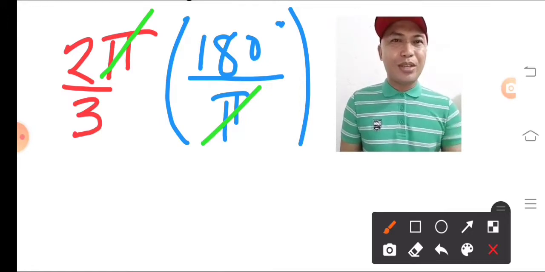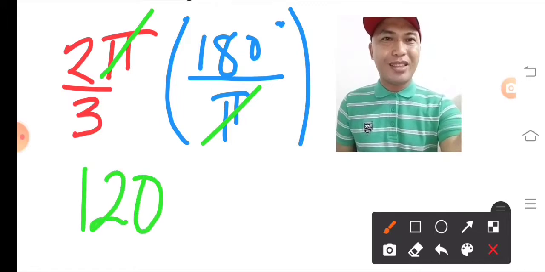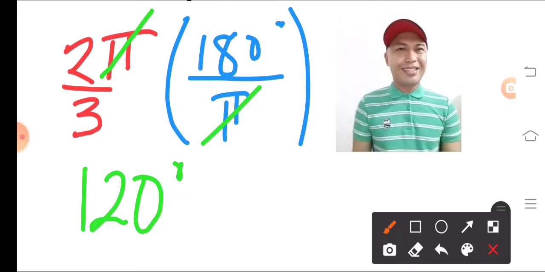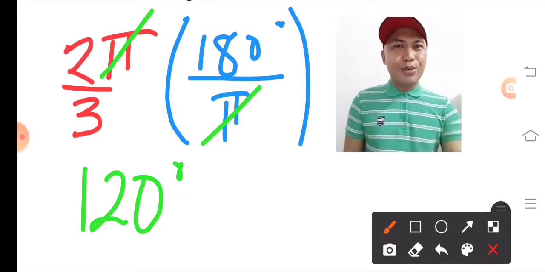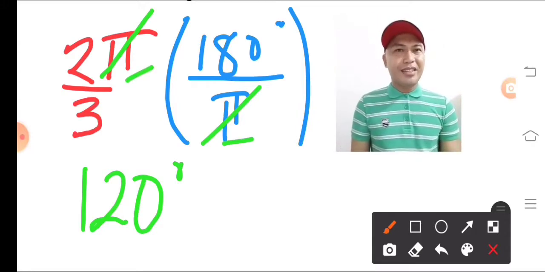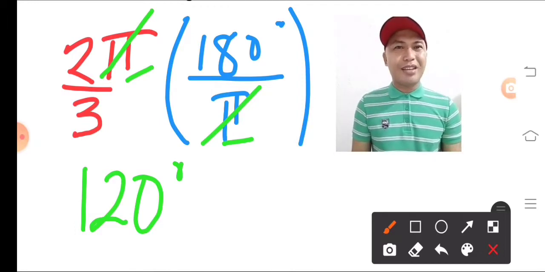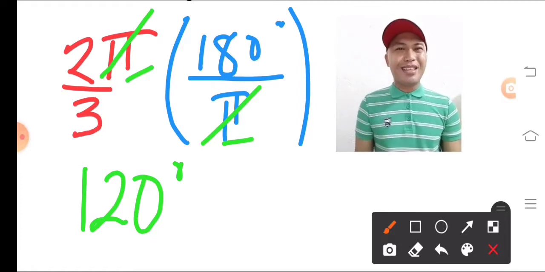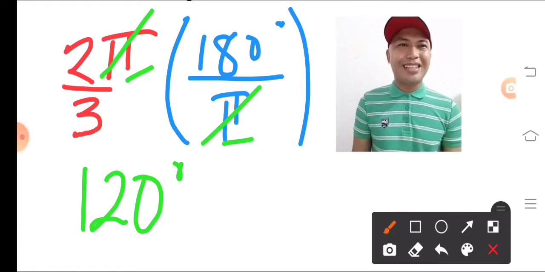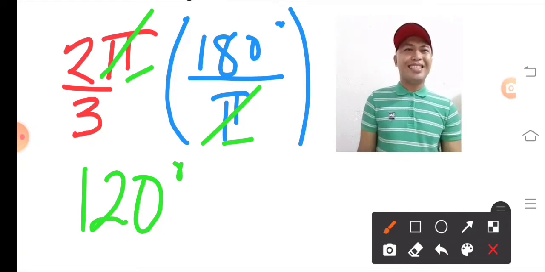Then 60 times 2 is 120 degrees. So again, we eliminate the pi. Next, we simplify 180 degrees over 3. If you divide 180 degrees by 3, that's 60 degrees. Then 60 degrees times 2 is 120 degrees.